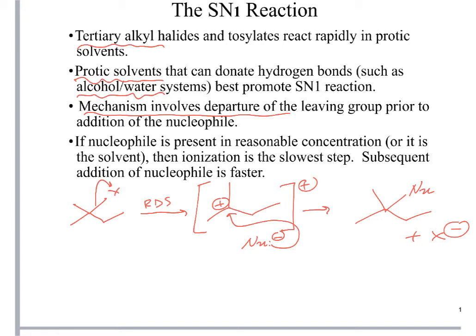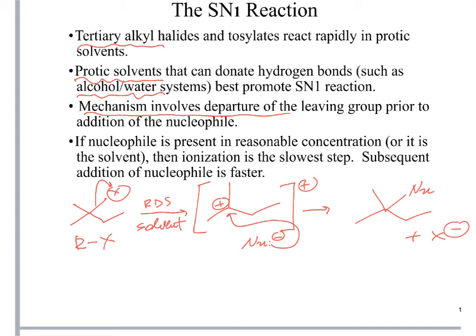So the rate of the reaction, therefore, will depend on the nature of the RX, degree of substitution, and its general structure, on the type of the leaving group used, and on the solvent, since some types of solvents will promote or enhance stability of the carbocation better than others.